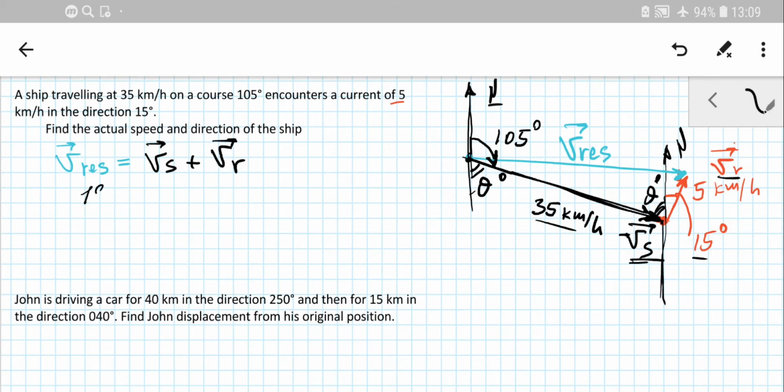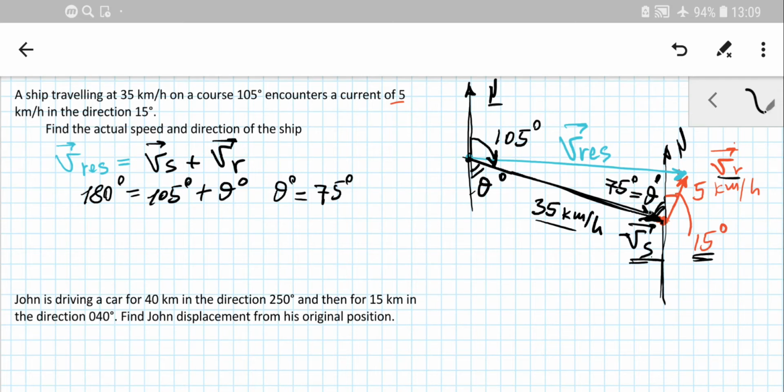So we can write that 180 degrees is simply 105 plus angle theta. From there we can find the angle theta as the difference of 180 and 105, which turns out to be 75 degrees. So if we know the angle theta is now 75 degrees, on top of that, if we add 15 degrees, we get the angle between Vs and Vr.